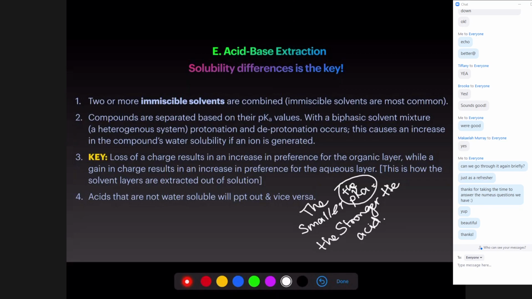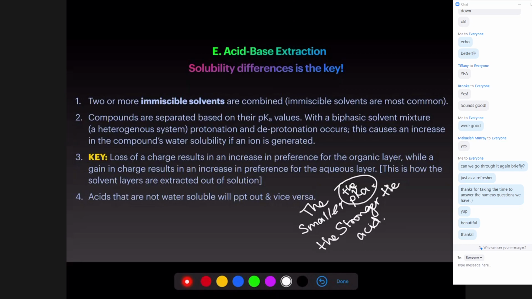So if you have a stronger acid, it's going to separate from a weaker acid or a stronger base with a biphasic solvent mixture. So this is a heterogeneous system. Protonation and deprotonation occurs. So you remember in lab where you mix 2 solvents together and then you were supposed to shake it up, and then you're supposed to put it back and wait a few seconds. And then that allowed the separation to occur.